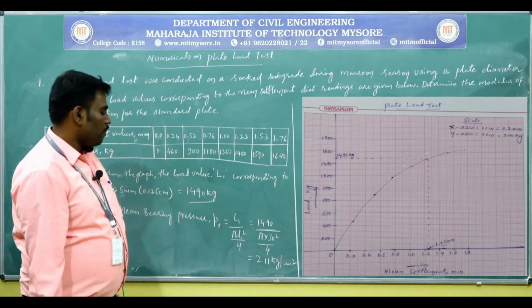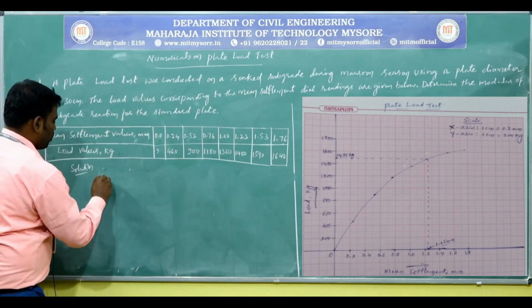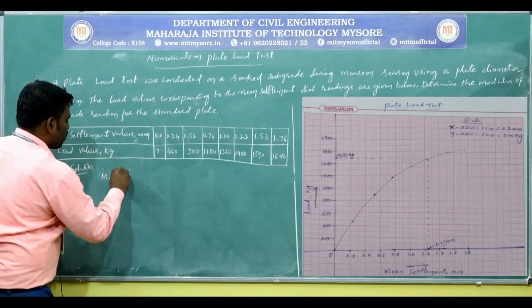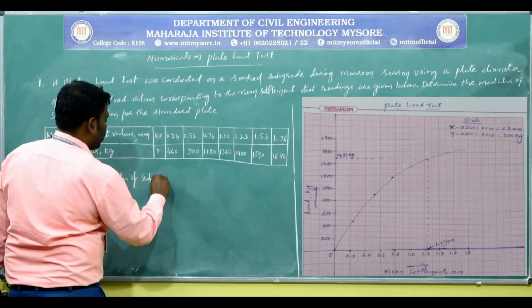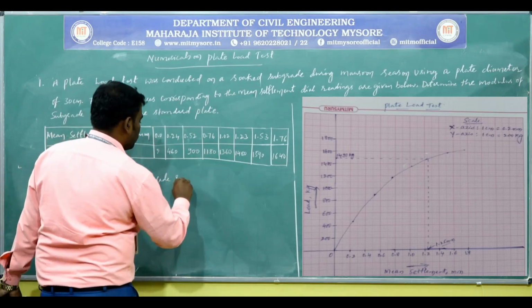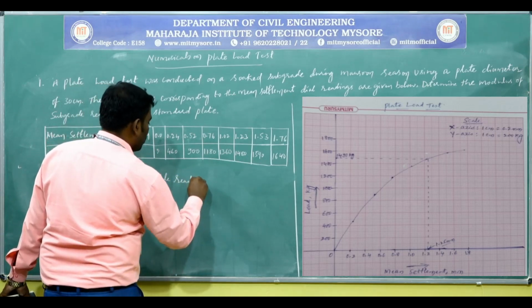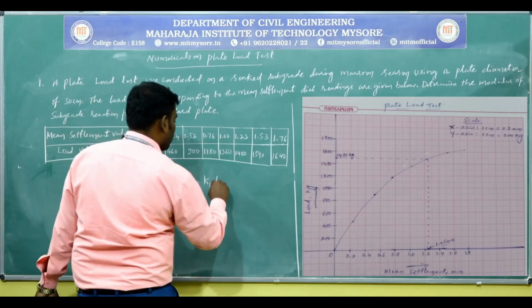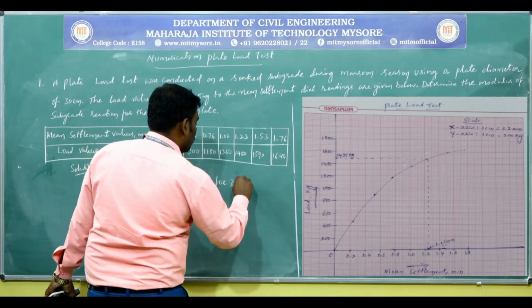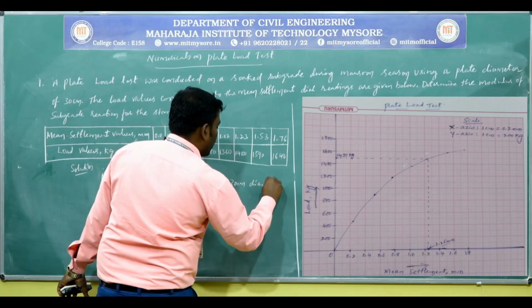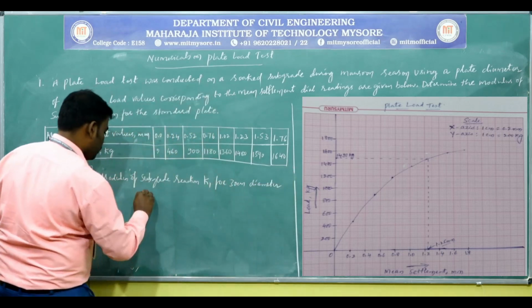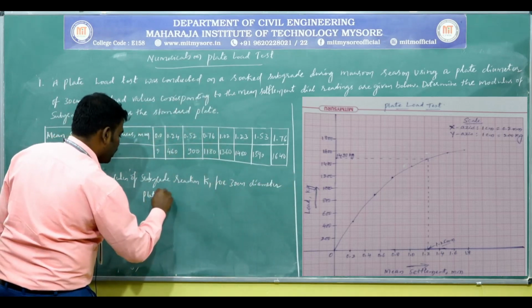Next, okay, modulus of subgrade reaction K1 for 30 centimeter diameter plate.